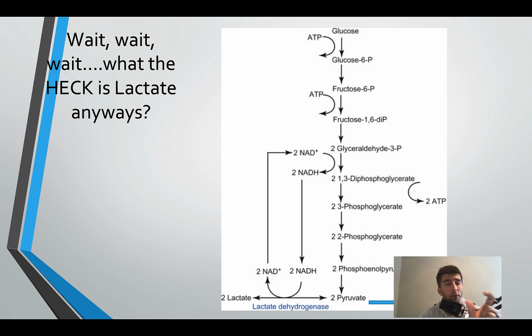We convert the 3-carbon pyruvate into a 2-carbon acetyl-CoA and pump it through the Krebs cycle. There's also another fate, and that is the lactate pathway. Lactate is a product that is made immediately after pyruvate.